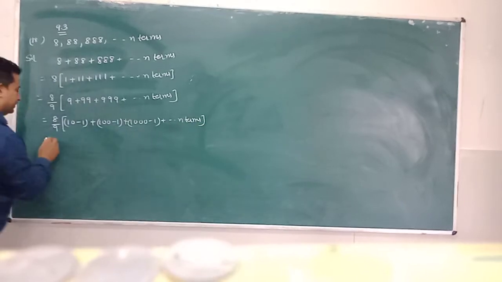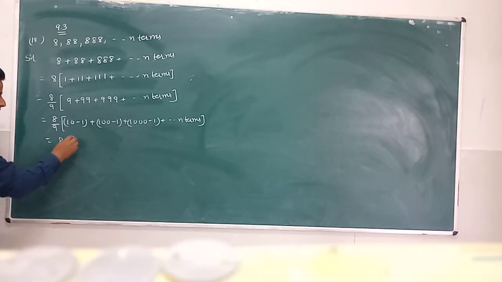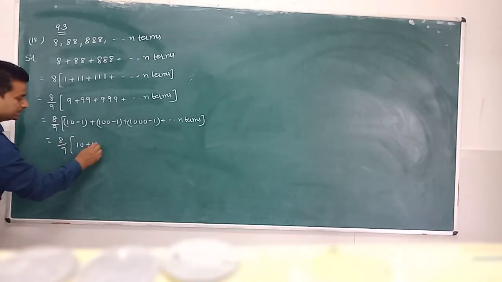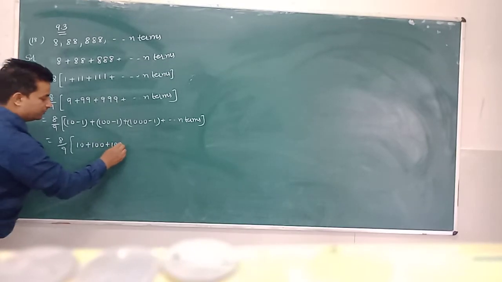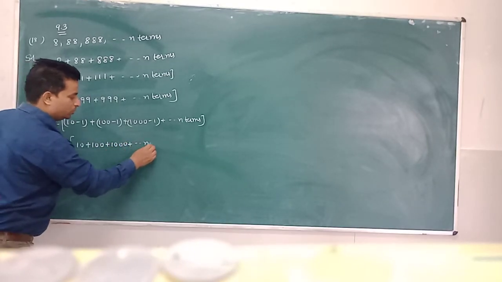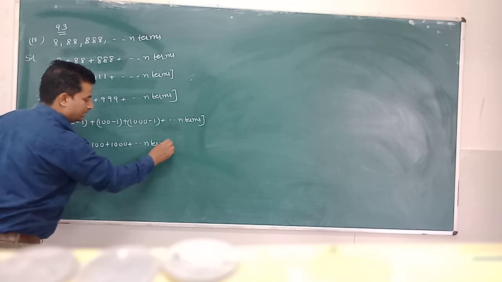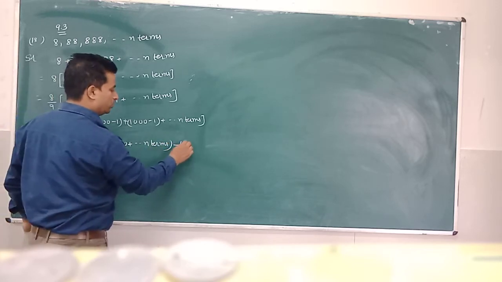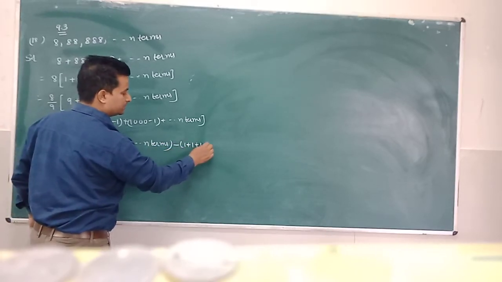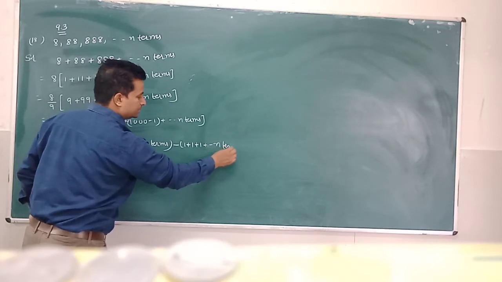Here we separate the terms like 10 plus 100 plus 1000 up to n terms, and take minus common: 1 plus 1 plus 1 up to n terms.